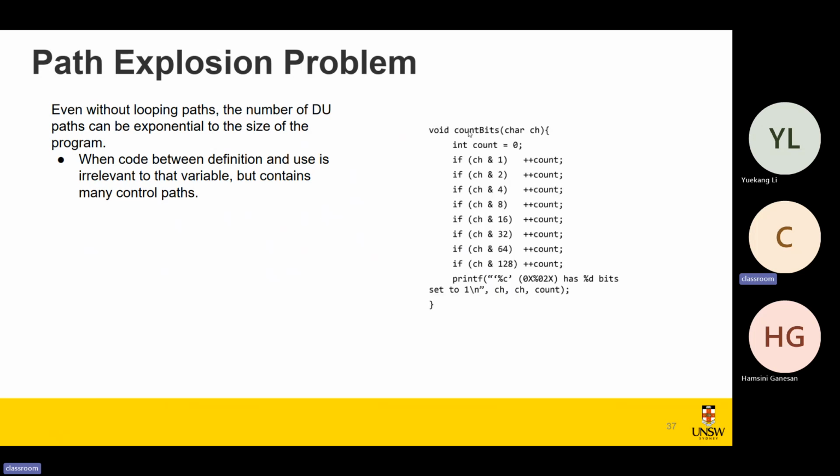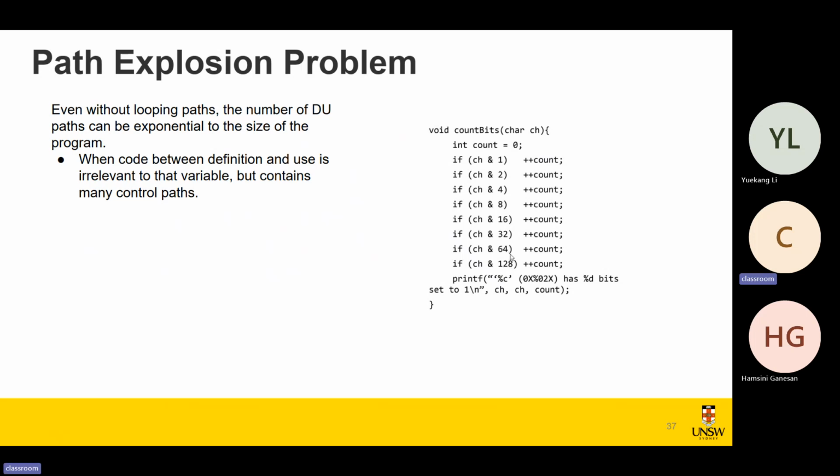So for example, we could have a lot of if and else, which can give us a lot of potential paths for a program. For this program here, if we try to capture the def-use pair between the parameter received here and the usage of this ch variable here, we may have 2 to the power of 6 paths in between.